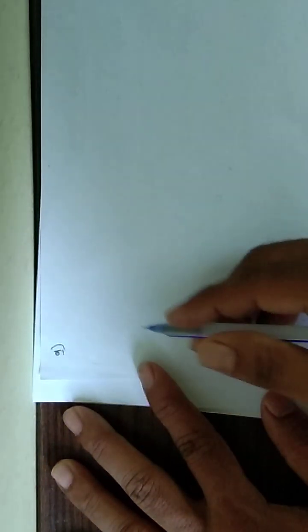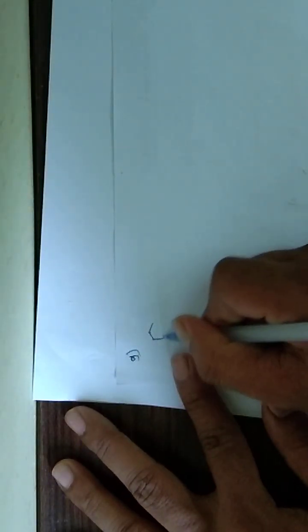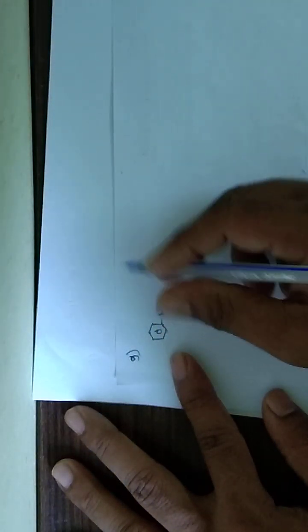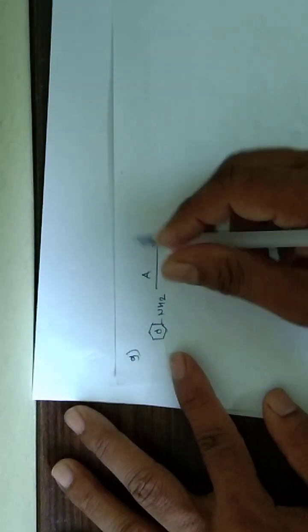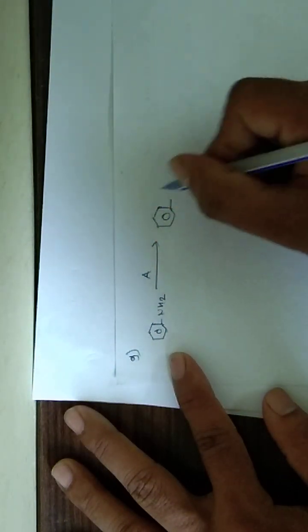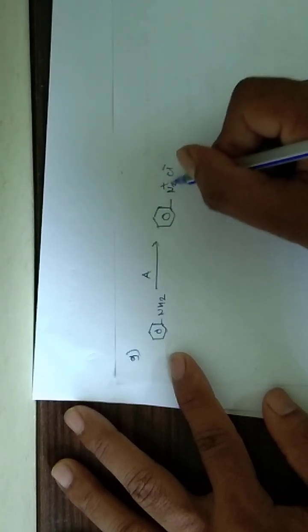Next question is: the following is a confirmatory test for aromatic primary amines. Identify reagents A and B. The reaction given is, here NH2 is there. A reagent is used that forms N2 plus Cl minus.